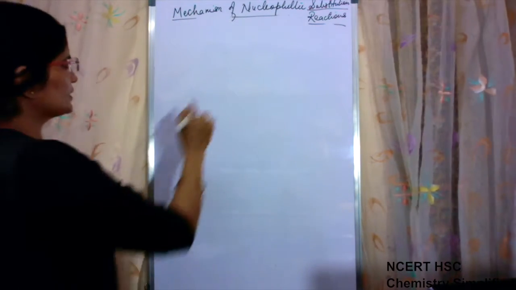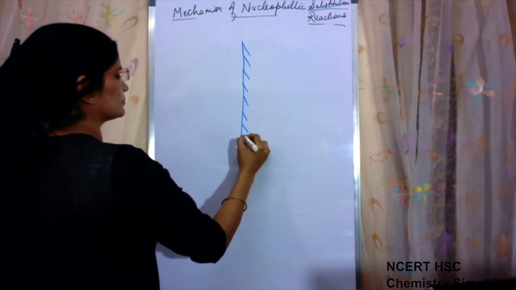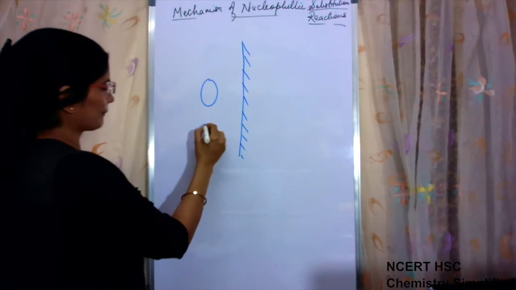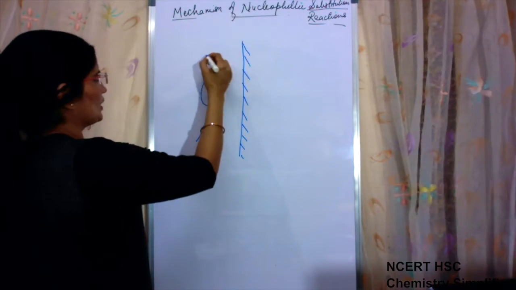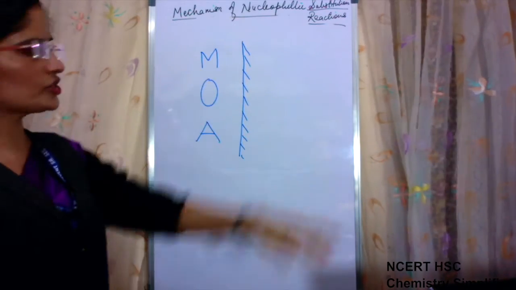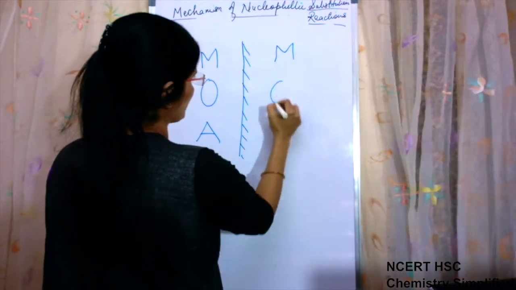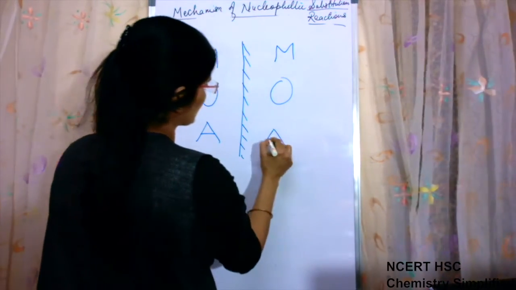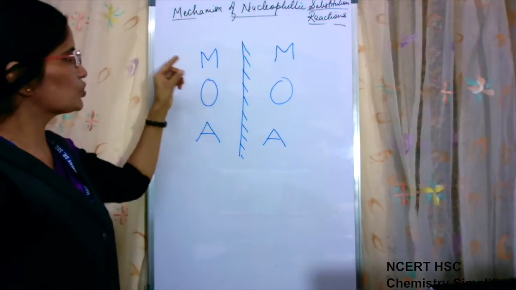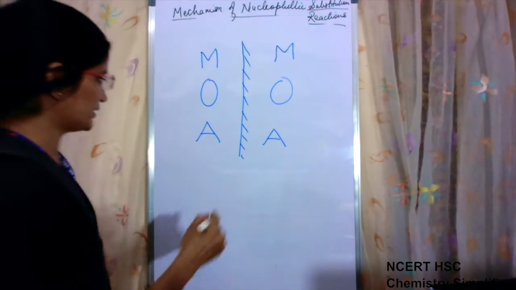After this, this is alphabet O, this is alphabet A, and this is alphabet M. If I see the mirror images of all these 3 alphabets, it will be like this. Inversion will take place like this. That means if I superimpose the mirror images of these alphabets, they will be superimposed easily.